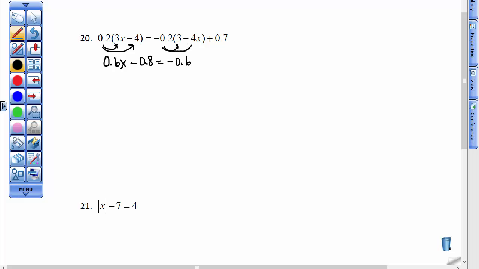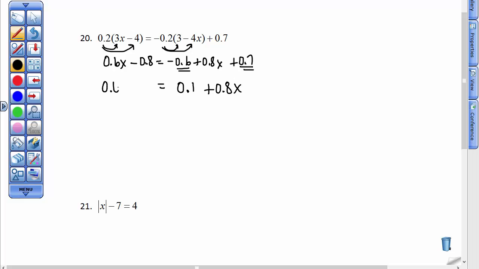And this negative times a negative is a positive 0.8x, and bring down the 0.7. On the right-hand side, I've got some like terms. They're just numbers. A negative 0.6 and a positive 0.7 is 0.1. Then I have that 0.8x there.